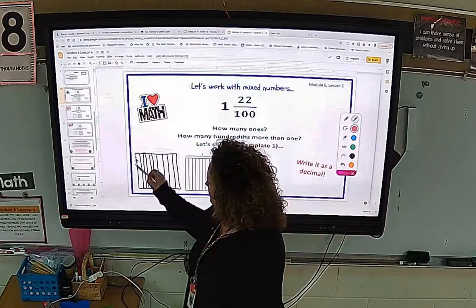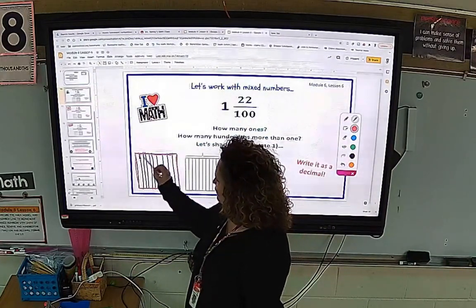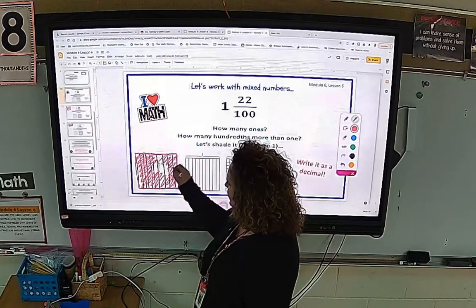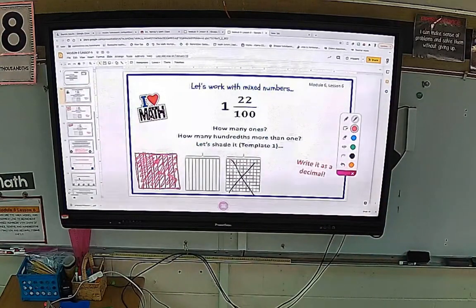Okay, do this with me, guys. We're going to shade in the whole first box, and draw an outline around it. Boom. Done. I don't need to be talking while you're still coloring in. Brandon's already done. Gage, done. Ishmael, done. You need to be done too.